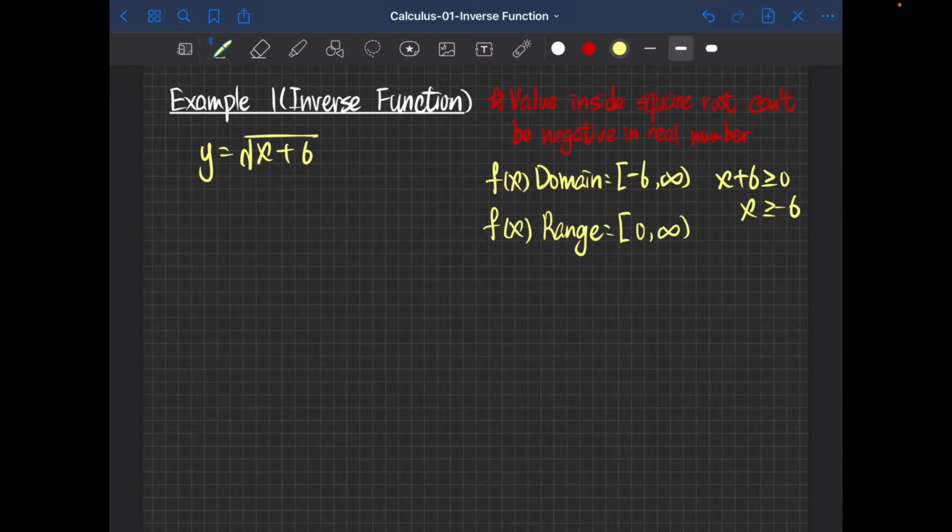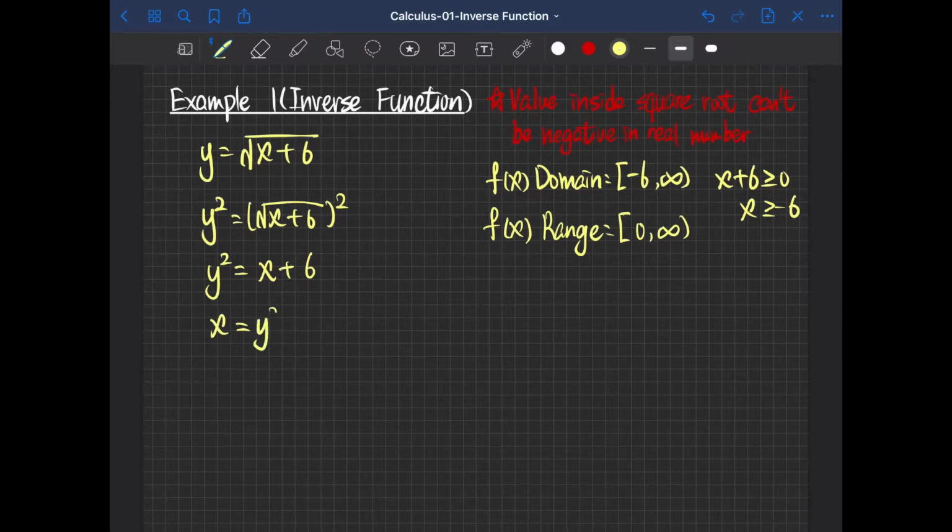And we are doing the inverse now. We square both sides and it will have y squared equals square root of x plus 6, squared. When the square root and square meet, they cancel out, such that we got y squared equals x plus 6. And we leave x alone, so we minus 6 from both sides, and we have x equals y squared minus 6.